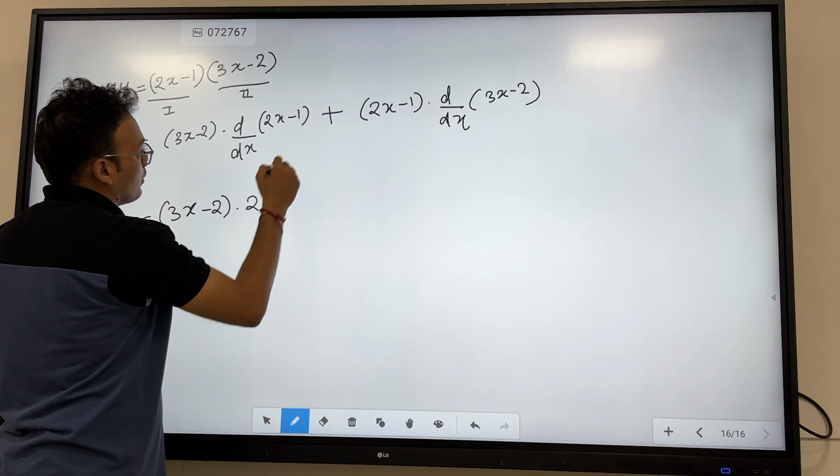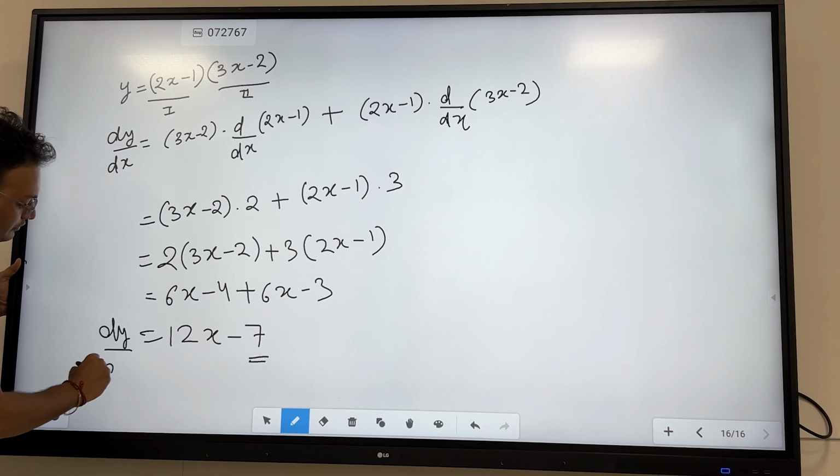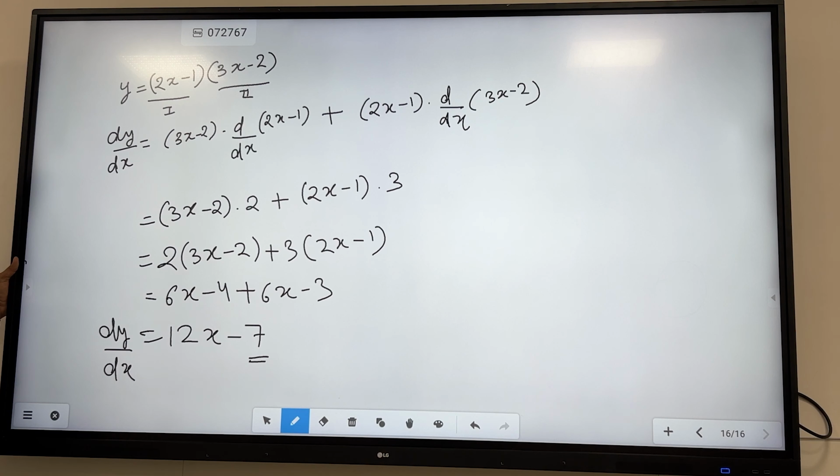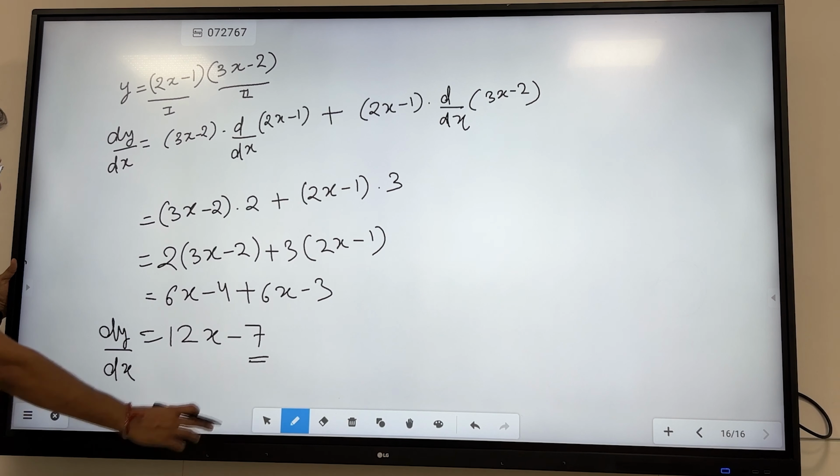You can simplify: this will be 6x minus 4 plus 6x minus 3, which will be 12x minus 7. So the differentiation of (2x minus 1)(3x minus 2) is 12x minus 7. I hope this is clear to you, right?